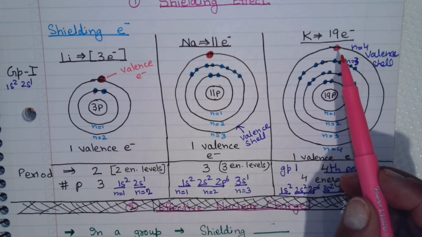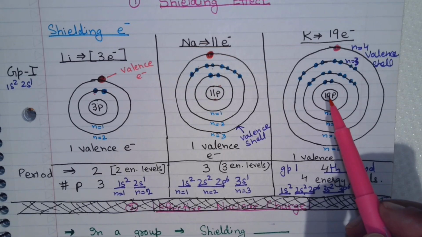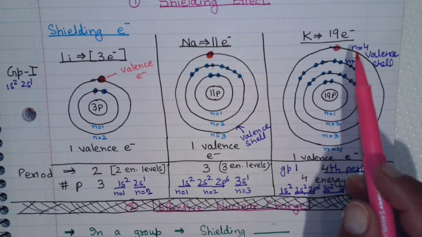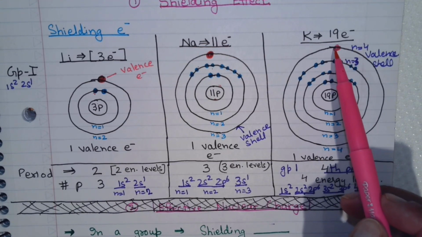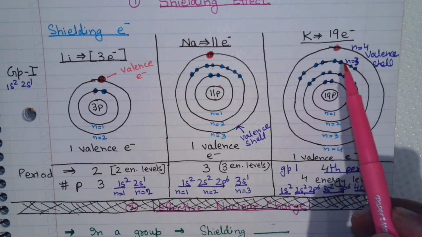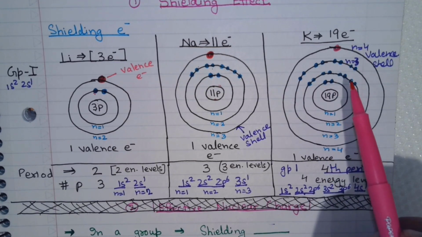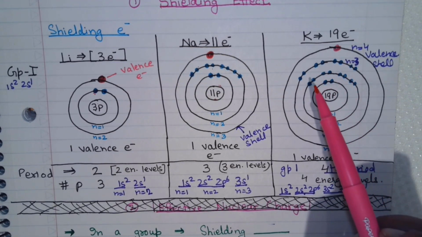And then in potassium, these 19 protons are pulling on all the electrons, but this valence electron is kind of shielded from the nuclear pull by these 18 electrons, right?